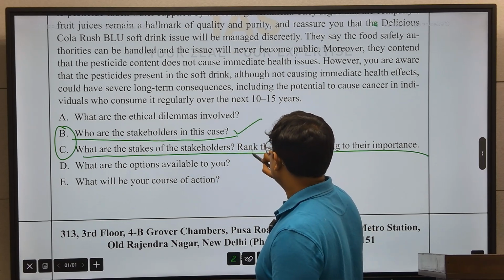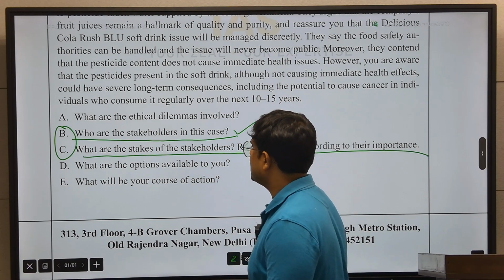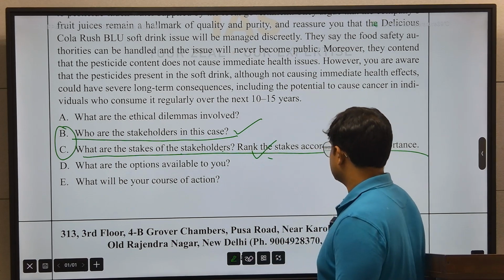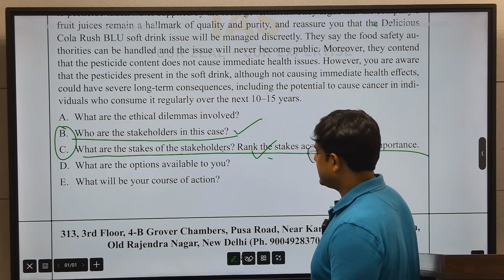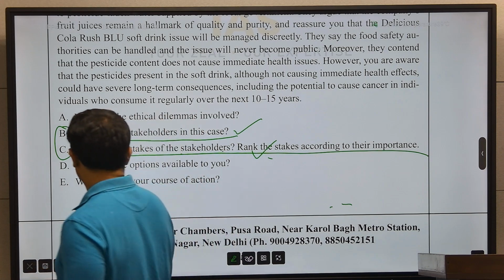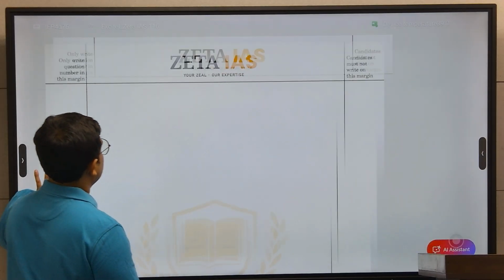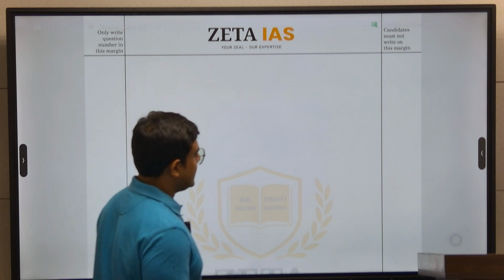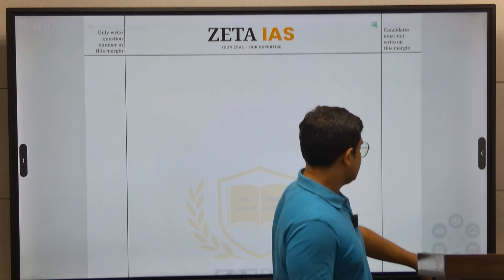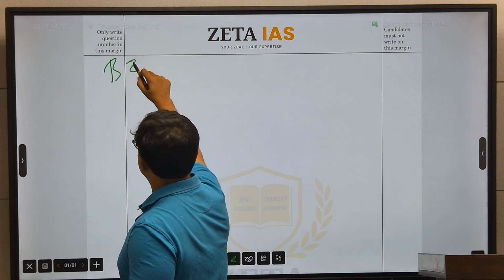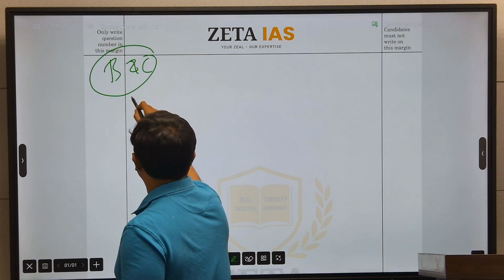So make a table, who are the stakeholders, and rank their stakes according to their importance. We'll make it in the next page. There is no space, so you can make a table here itself for B and C. So this way you can write B and C. So make a table.